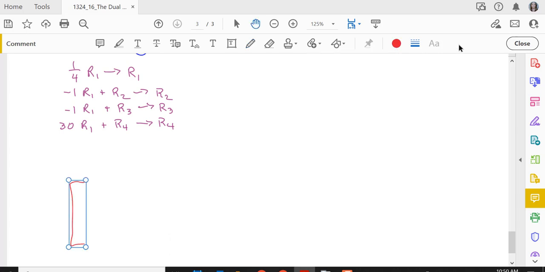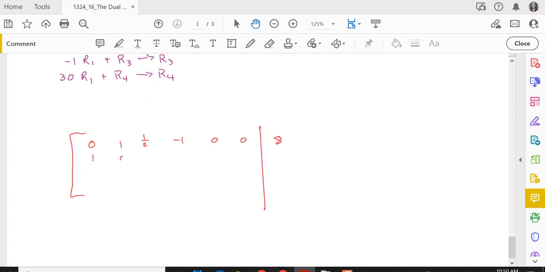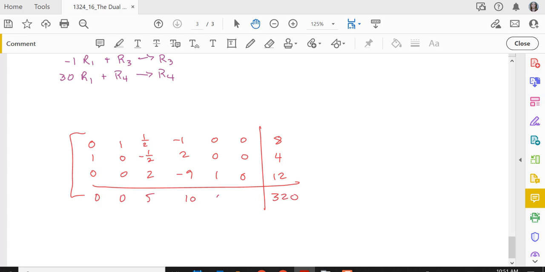We have 0, 1, 1/2, -1, 0, 0, 8. Then we have 1, 0, -1/2, 2, 0, 0, 4. 0, 0, 2, -9, 1, 0, 12. 0, 0, 5, 10, 0, 1.